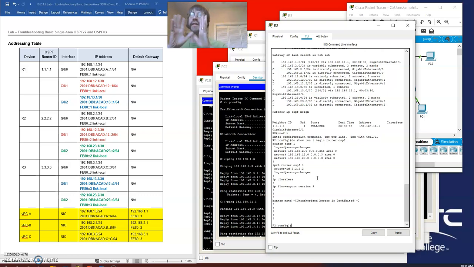Now, making gig0/0 a passive interface won't form any routing relationships that don't already exist. But what it will help you do is secure the network, which is always a good idea.